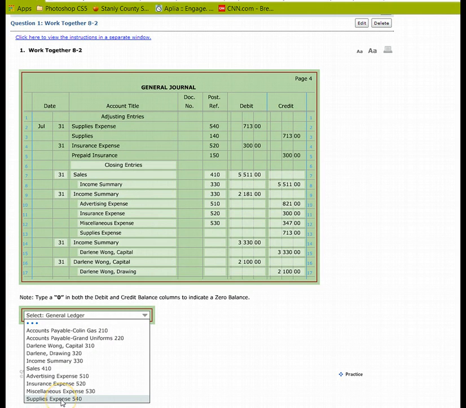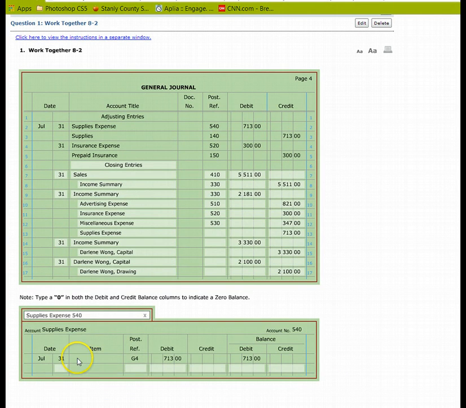Alright, I had to widen the screen a little bit. Supplies expense, 31st, G4. And we had a credit of $713, which brings our balance to 0. Okay, and show that we posted it to 540.